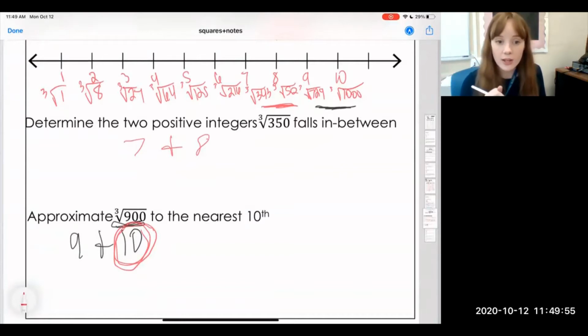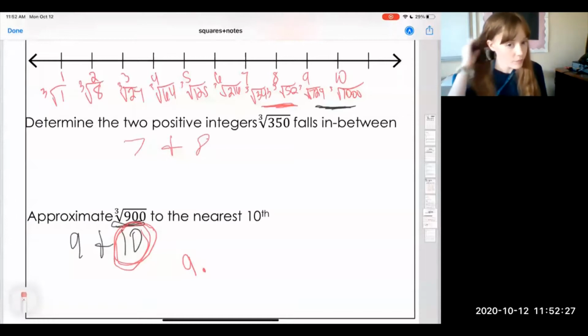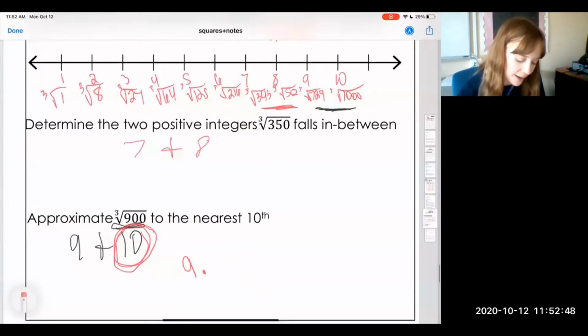The only numbers that can be in between 9 and 10 start with a 9 in front. There's nothing between 9 and 10 that would begin with 10. Now we need to think of a decimal to the 10th, that's one place after the decimal, that's closer to 10 than it is to 9. So that would be like a higher level decimal, like 0.8, 0.9.